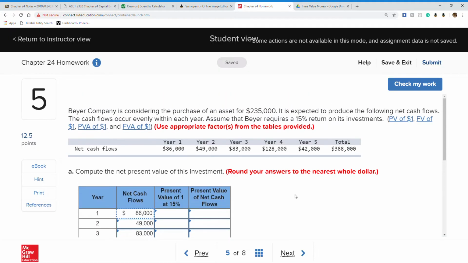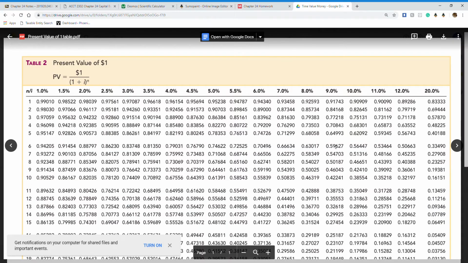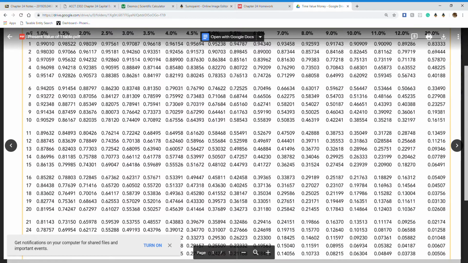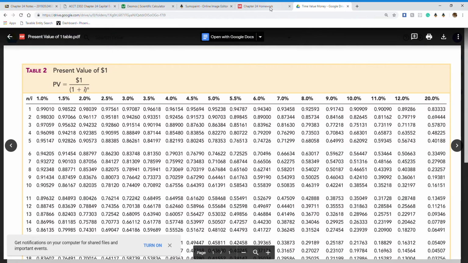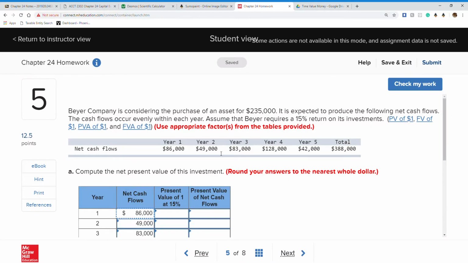So here we want a 15% return, and the years we got 1, 2, 3, 4, and 5. So find 15%, which it does not have on our charts. Oh goody. So we are going to have to use this.